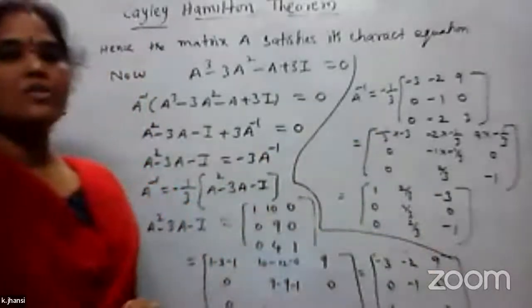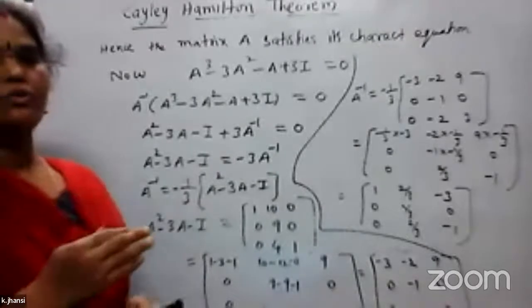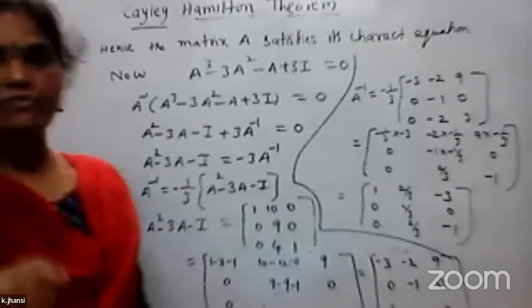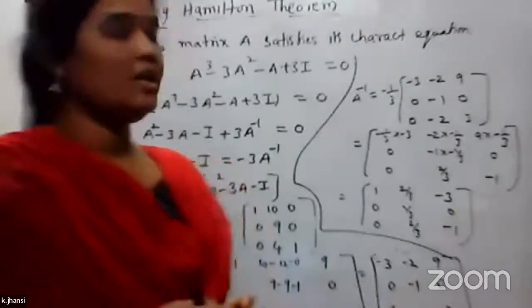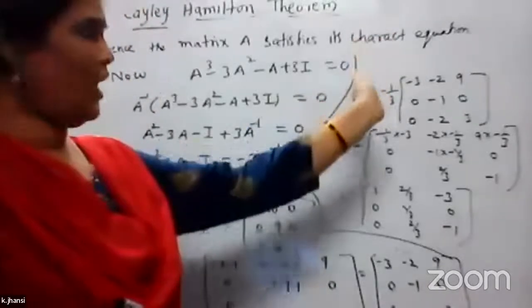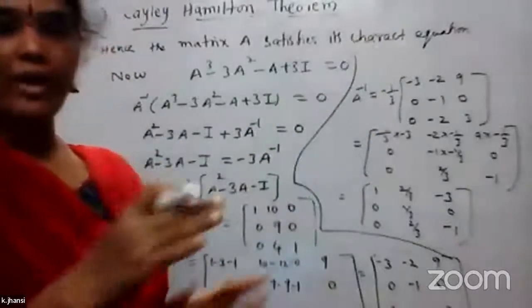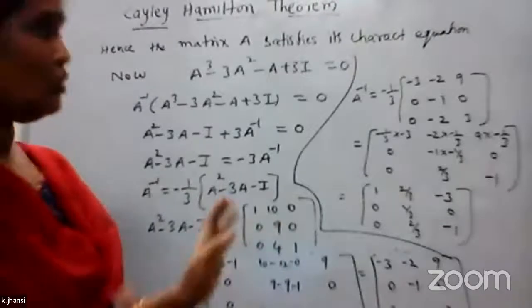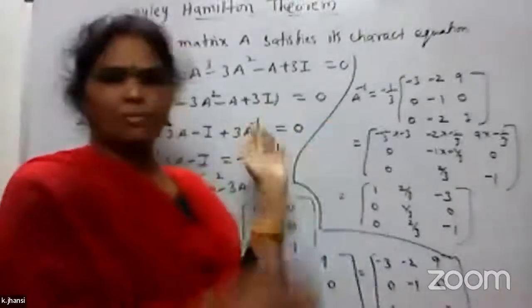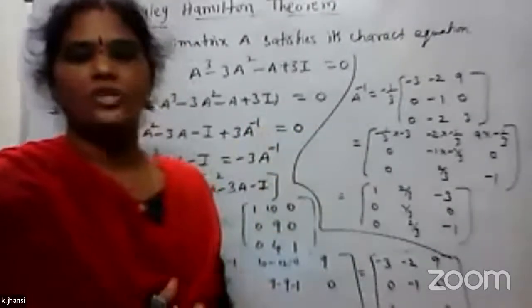Actually, in matrices, if you know the method, the matrix inversion method will be there. Before I have told, A inverse equals to adjoint of A by determinant of A. To find that, a lengthy process will be there. We have to find the coefficient matrix.